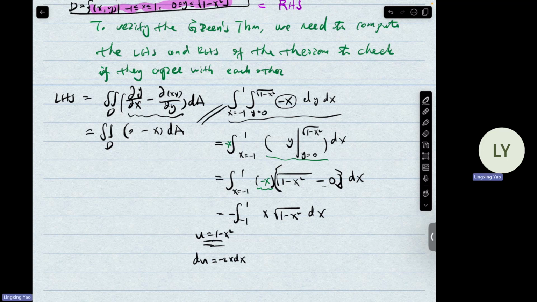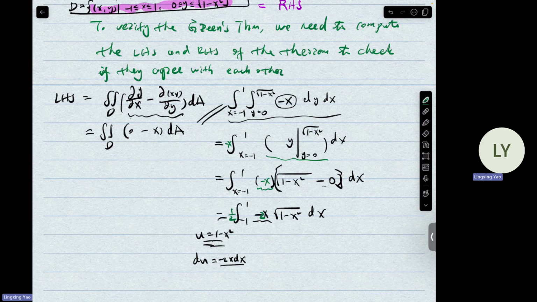We want to bring this negative back in, and we need to have negative 2x. We do not have it yet, so it's better to have this 2 here and divide by 2. So then we have everything, right?